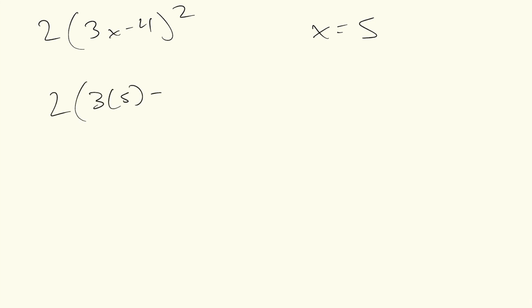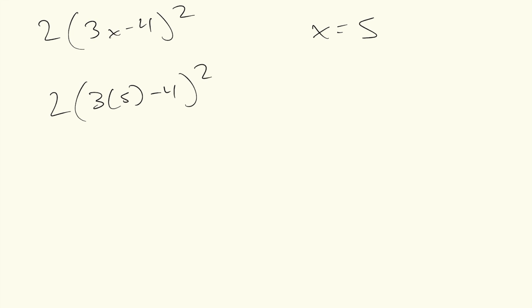Let's try 1 or 2 more examples. Let's do 2 times 3x minus 4 squared, and let's make x equal to 5. Now feel free to pause the video and do this on your own or give it a shot. But when you come back, you'll see that we have to plug in 5 for the x. So it's 2 times 3 times 5 minus 4 squared.